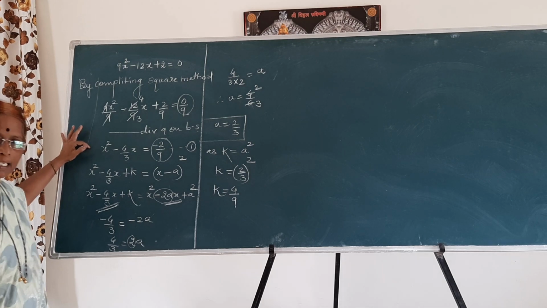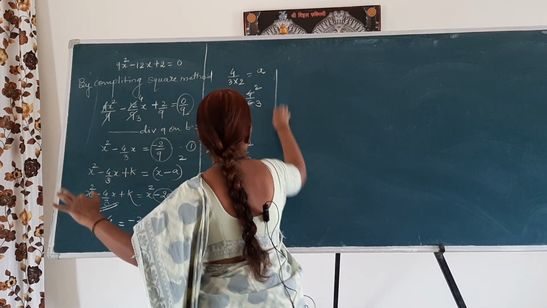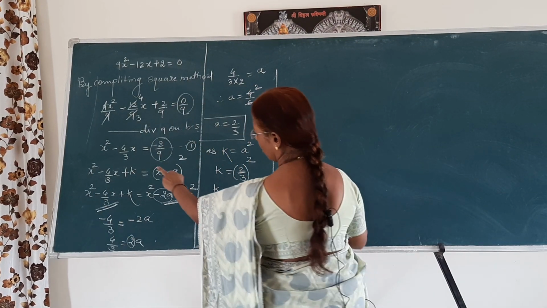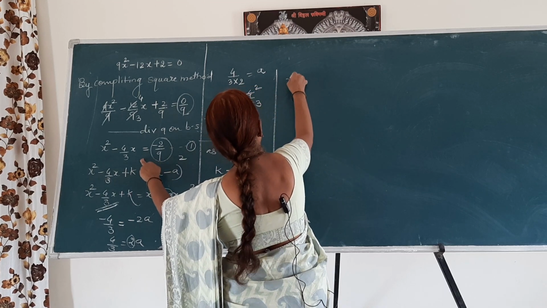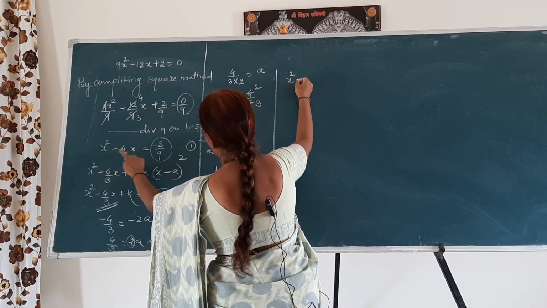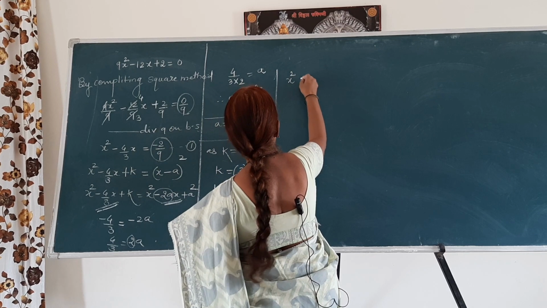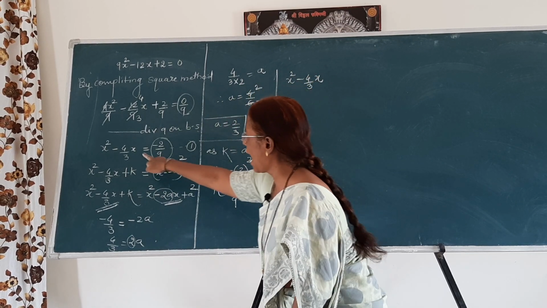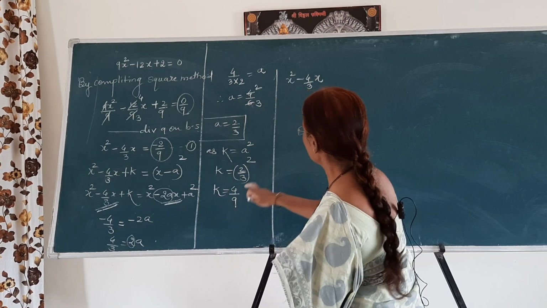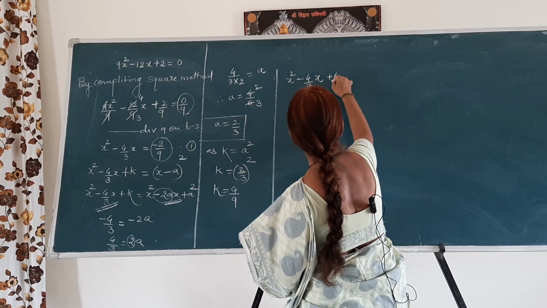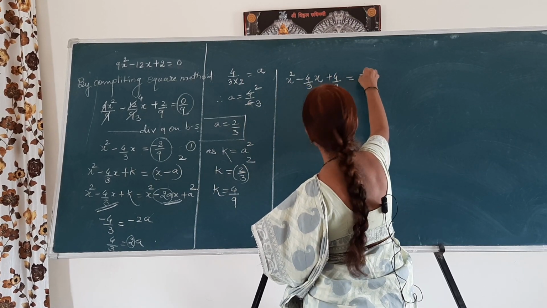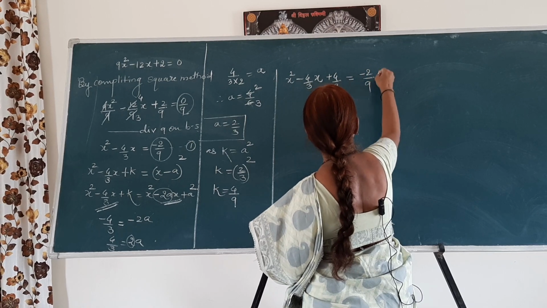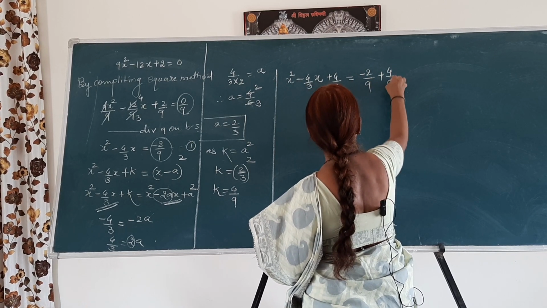Okay? Yes? So we are going to add this value of k on both sides of equation number 1. Equation number 1 is x square minus 4 by 3x. We have to add k over here, k means 4 by 9, is equal to minus 2 by 9 plus 4 by 9.